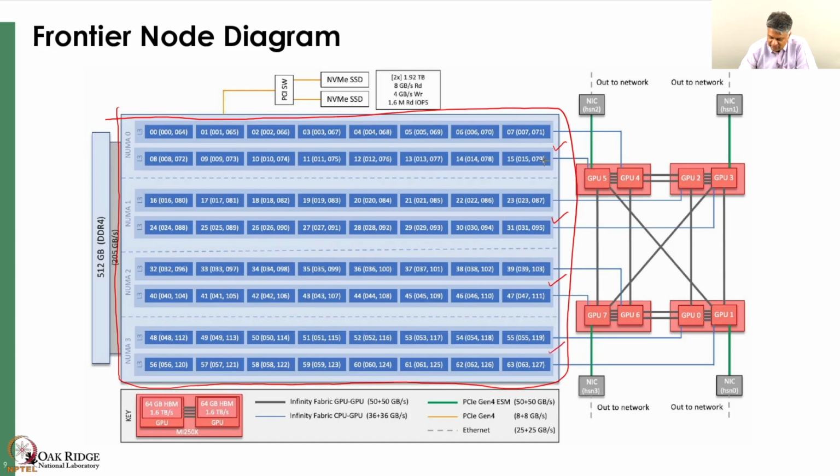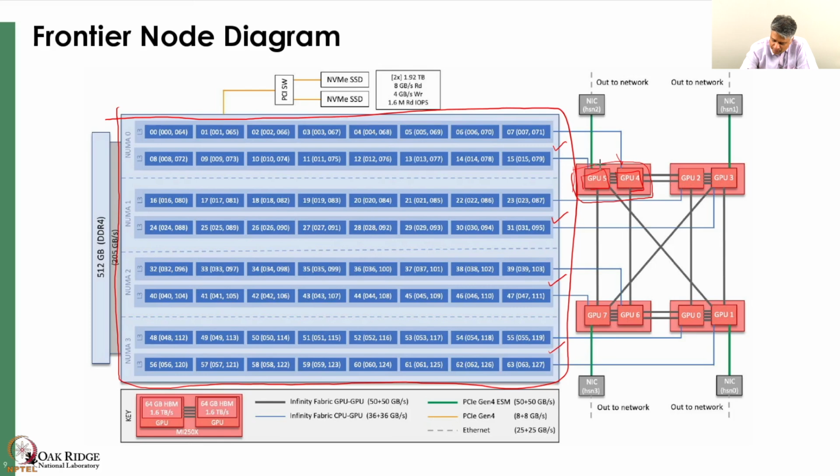Each of these sets of 16 is connected to one physical GPU die, which in turn has 2 GPUs each. So you can think about it as 8 CPU cores mapped to one GPU, and you have similarly about 8 such sets of cores. So totally 64 cores, each of which are connected to the individual GPUs.